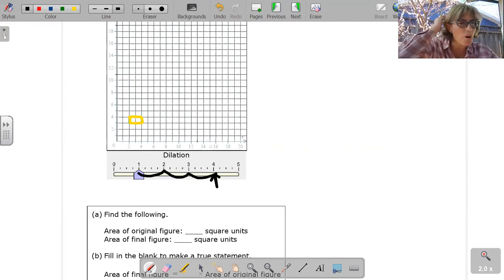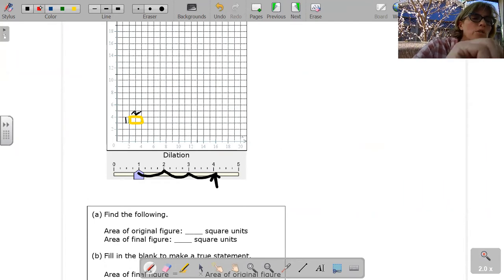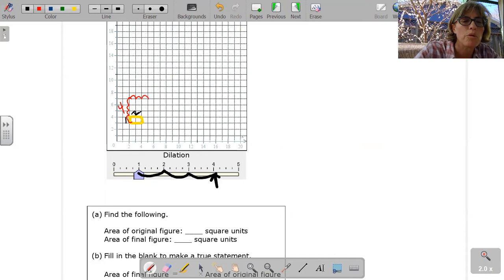So from 1 to 4, and that means all the side lengths are going to increase by a factor of 4. So right now we have a 1 by 2 shape, and it's going to become 4 by 8. 1, 2, 3, 4, 5, 6, 7, 8.